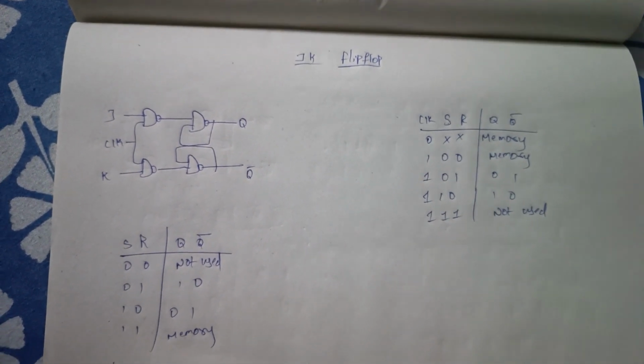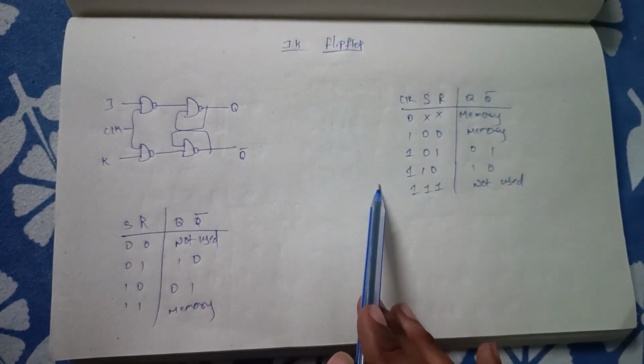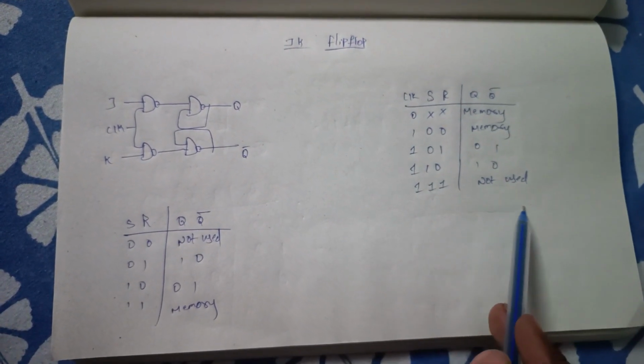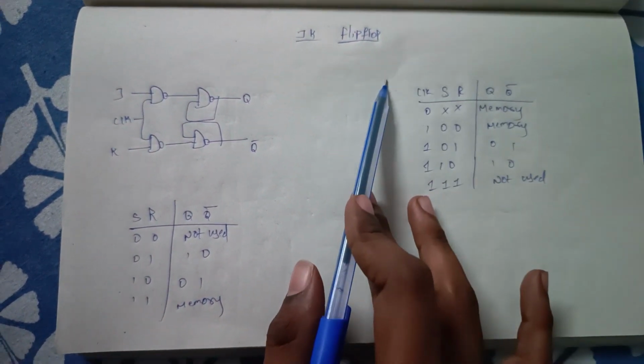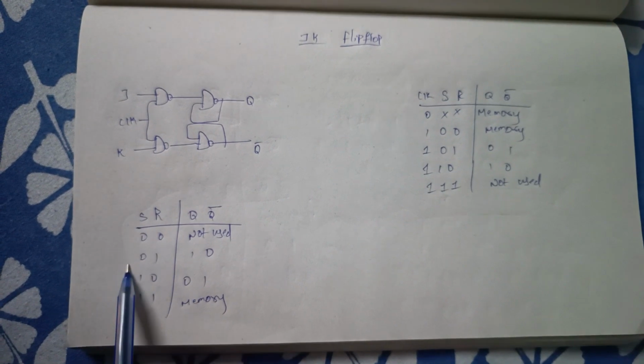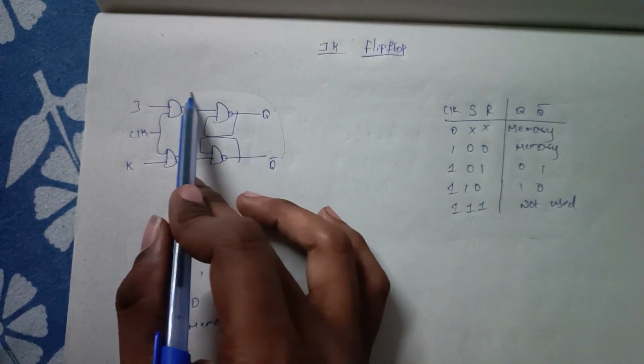So here you can observe that this is the SR flip-flop truth table. If you want to know how this truth table was obtained, you can refer to the previous video which is already available on our YouTube channel. And this is the SR latch truth table. This is the SR flip-flop.